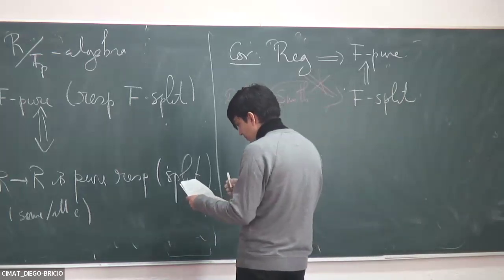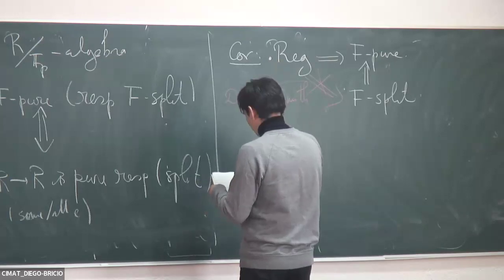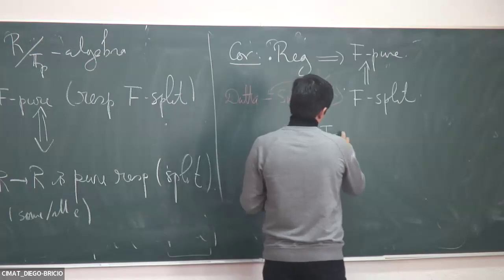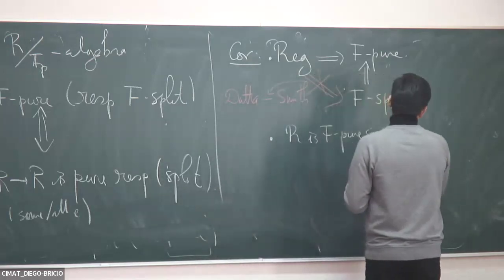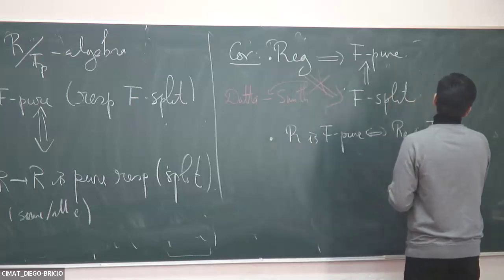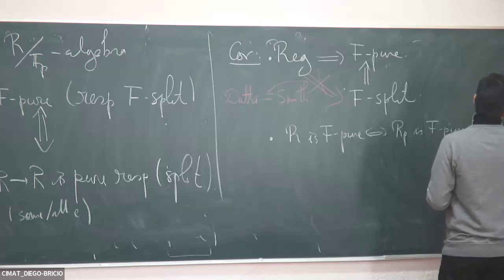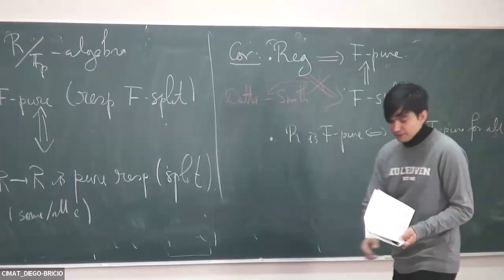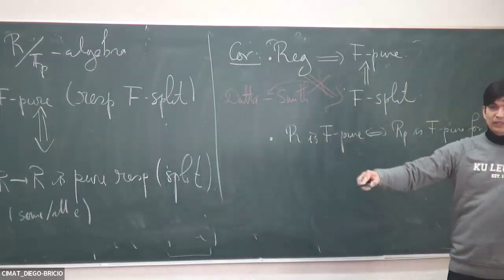So, well, another corollary, let's say, is that R is F-pure if and only if R_p is F-pure for all p. Which actually, F-split doesn't satisfy, it's not true that you can just check the splitting locally, right?